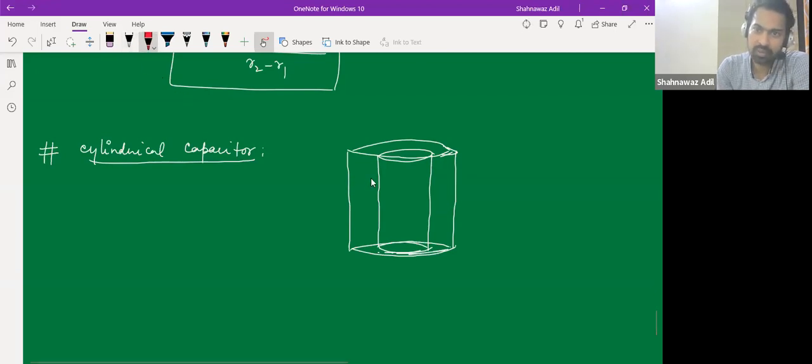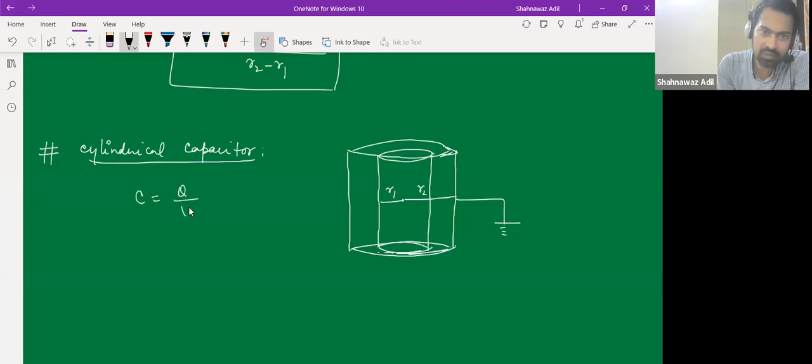The radius of this one is R1, and the radius of this one is R2. To calculate the capacitance, we have to find the voltage difference between these two plates. So what is the voltage at this point and at this point? This is a continuous distribution.